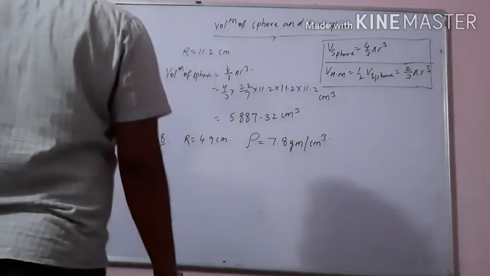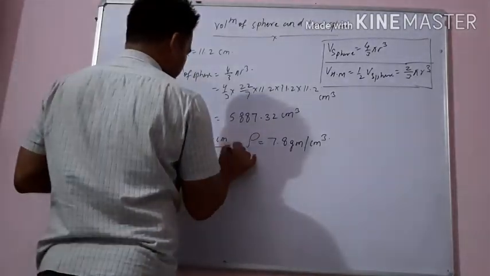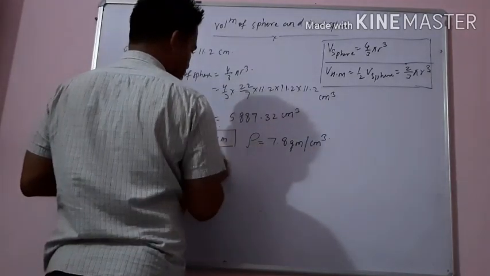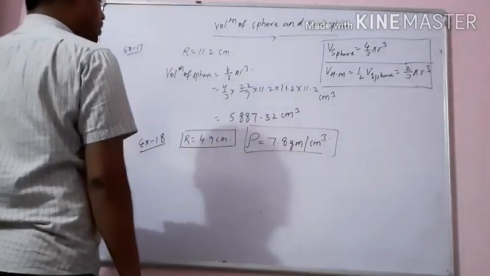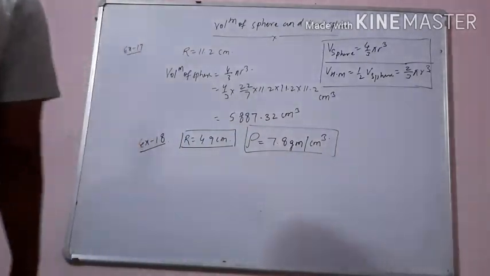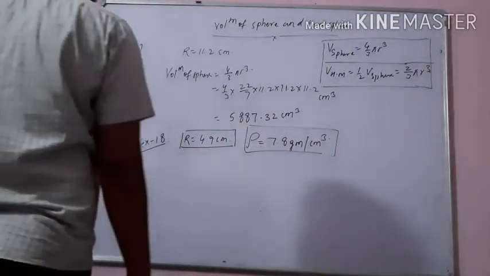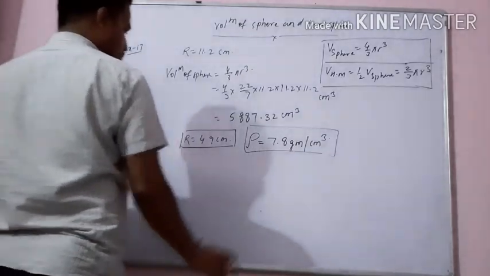So in example number 18, we have the radius 4.9 centimeter and density 7.8 gram per centimeter cube. First of all we will find the volume of the shot put.